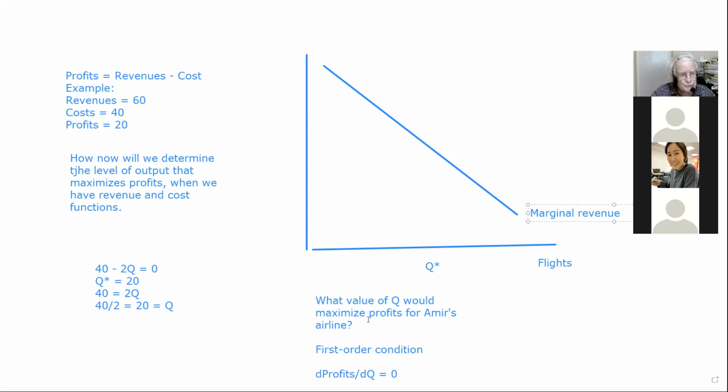So in this class, when we are talking about marginal anything, marginal is just a rather technical term that really just means additional.